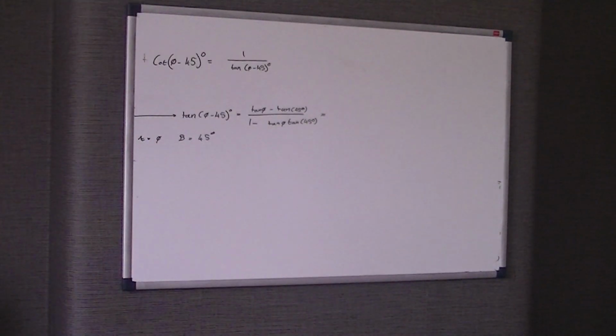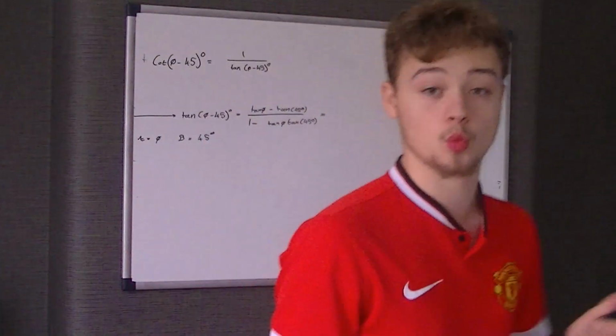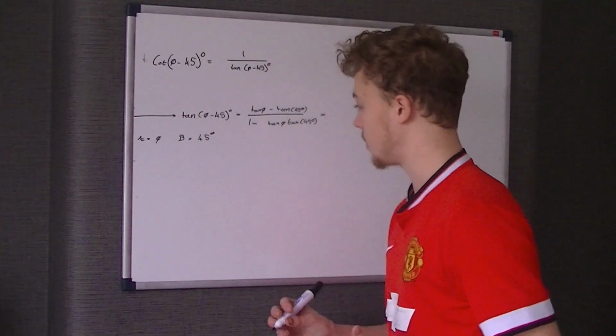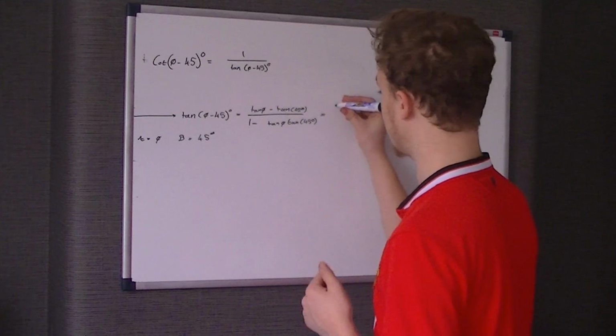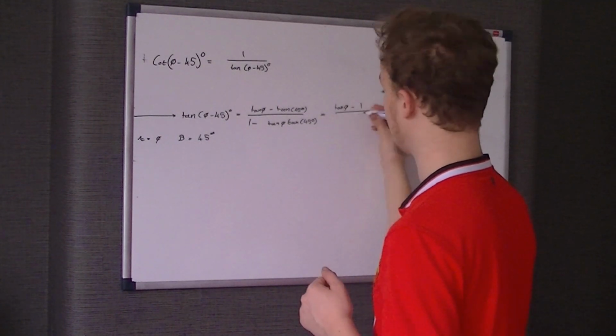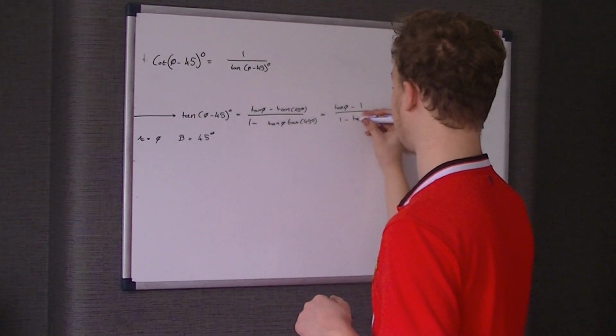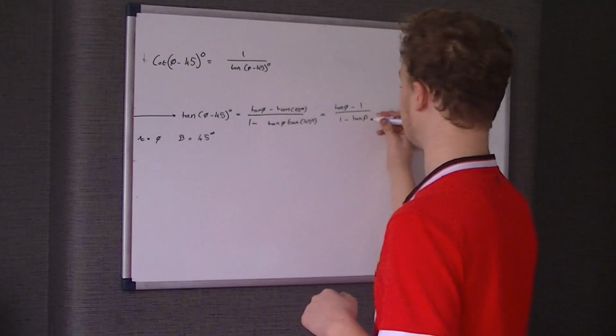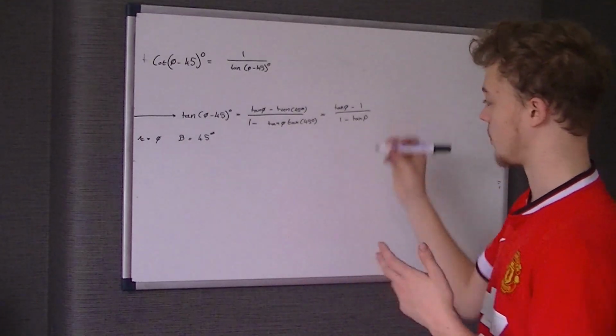So tan 45 degrees is 1. So what we're going to do is write this as, so I'm really breaking it down, tan theta take 1 over 1 take tan theta, because tan 45 is 1, so we can sort of ignore it.